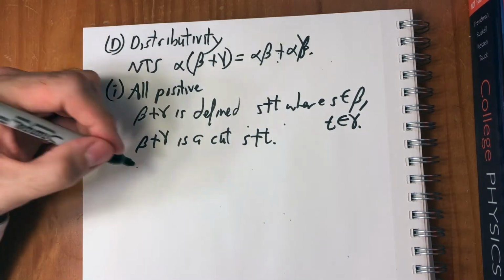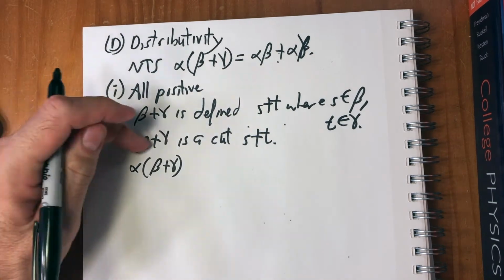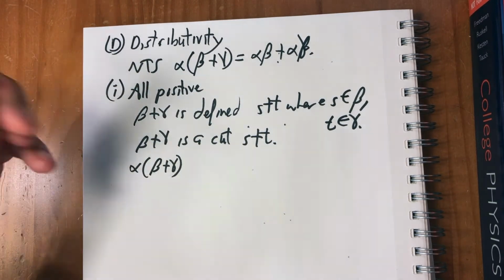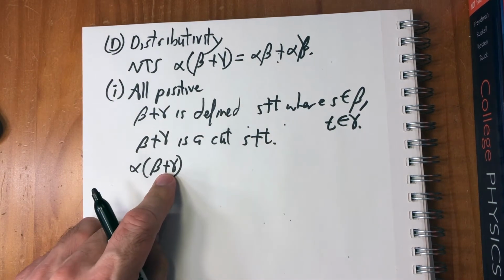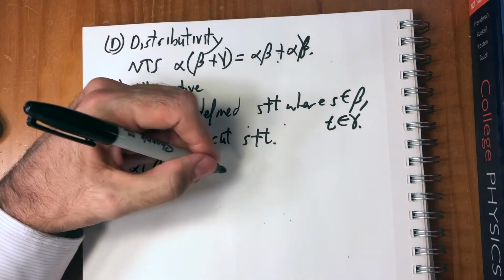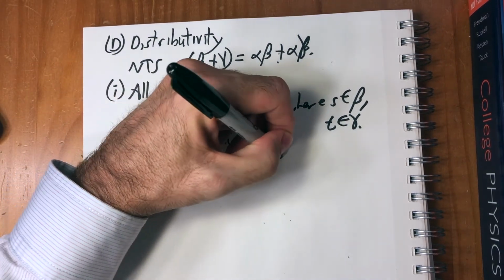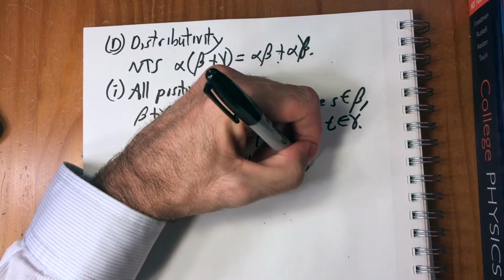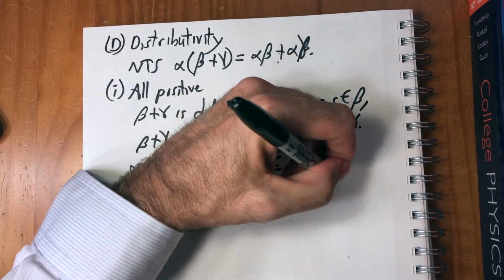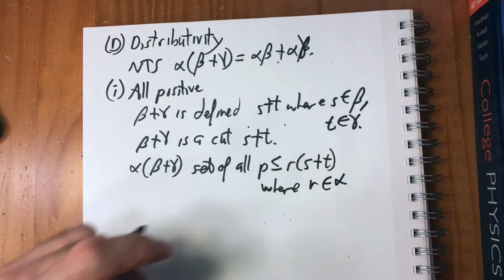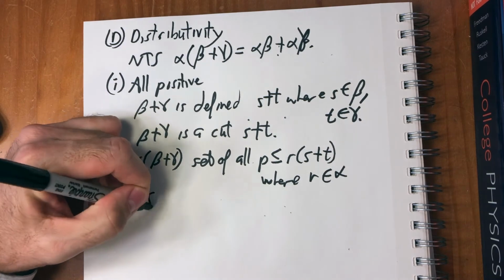So now using multiplication, alpha times beta plus gamma is defined as the set of all p less than or equal to r times s plus t, where r is an element of alpha, and s plus t is in beta plus gamma. Okay, so this is the definition of multiplication. It's all the p's less than r times s plus t.